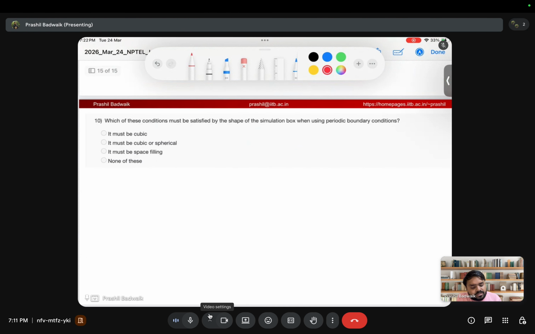Then the last question: which condition must be satisfied by the shape of the simulation box when using PBC? PBC is periodic boundary condition. To reflect a bigger system, we are allowing the molecules to go from this box to another box, which is imaginary.